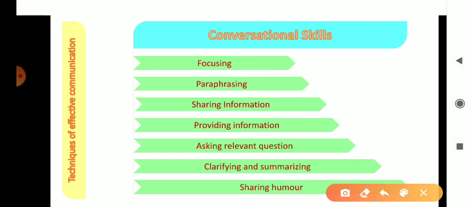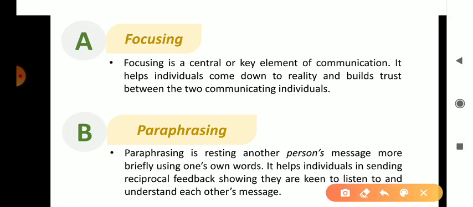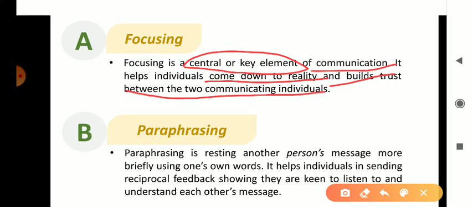First one is focusing. Focusing is a central or key element of communication. We can say it is an important element of the communication process. It helps individuals come down to reality and builds trust between the two communicating individuals.